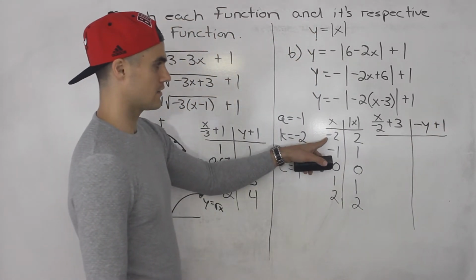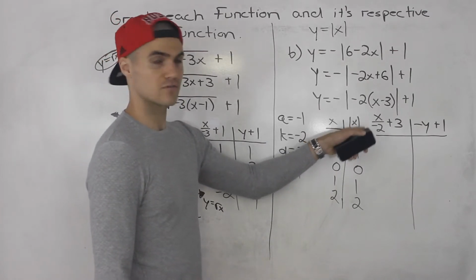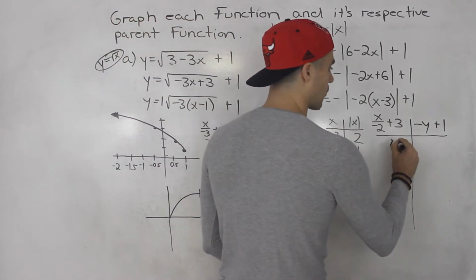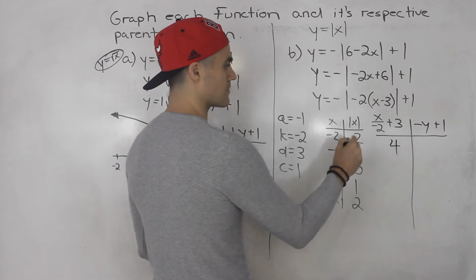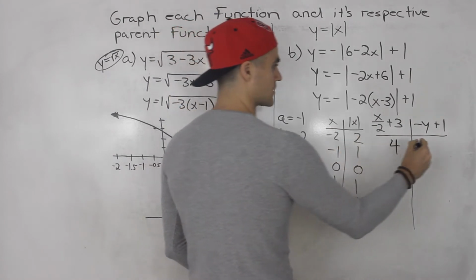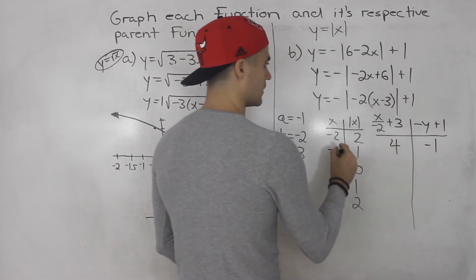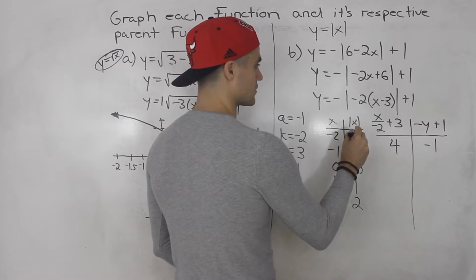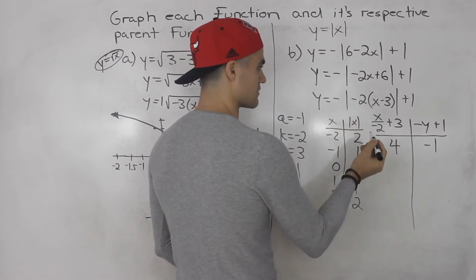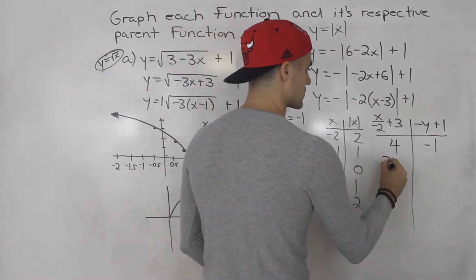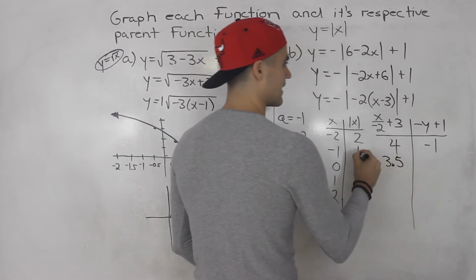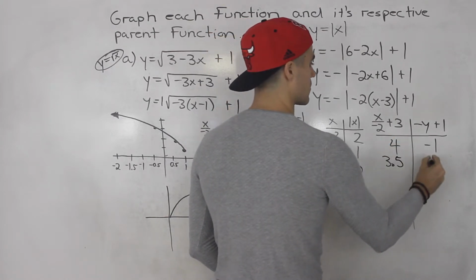So starting off here, negative 2 divided by negative 2 is positive 1, plus 3 gives us 4. Negative y plus 1, negative 2 plus 1 gives us negative 1. Negative 1 divided by negative 2 is positive 0.5, plus 3 gives us 3.5. Negative 1 plus 1 gives us 0.